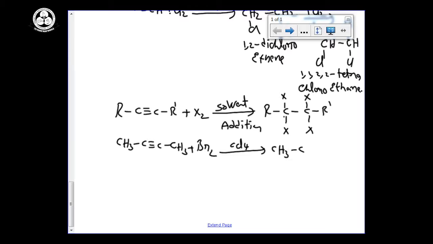We get CH3, C, C, CH3 with Br, Br, Br and Br. For each and every product in organic chemistry, try to give the organic nomenclature. So the name is 2,2,3,3-tetrabromobutane.